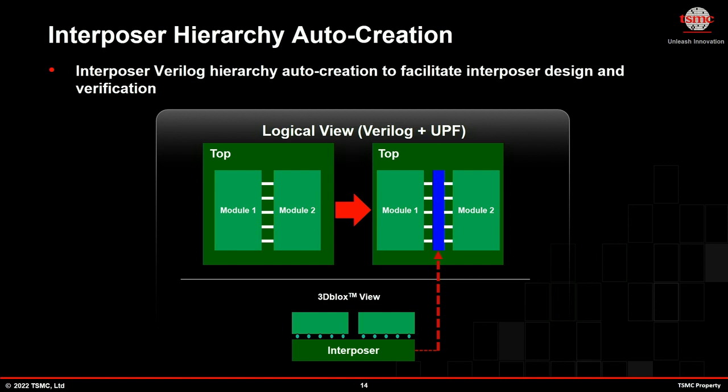And why do we need that additional hierarchy? Because it maintains a one-to-one mapping to our 3Dblox model. And the whole point is we want to implement this interposer by itself, which means we need a clear definition of the input and output, which can come from this Verilog. And then we want this chiplet, the interposer, to be verified by formal or by LVS, and this also needs the Verilog golden.